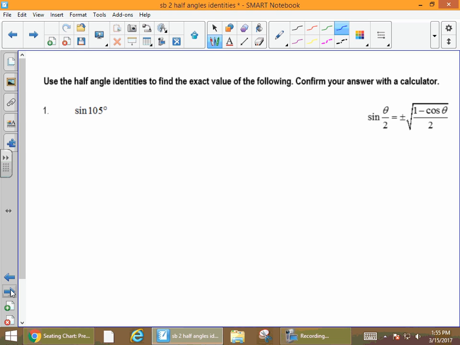So the sine of 105 is the same as the sine of 210 over 2. We take our angle, multiply it by 2, and then set it over 2. These are the same thing because 210 divided by 2 is just 105.